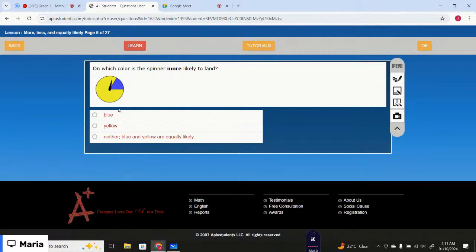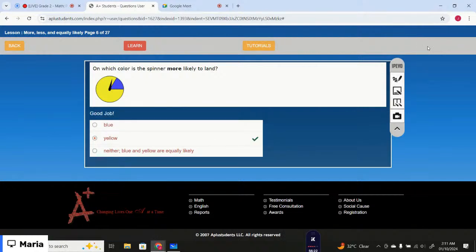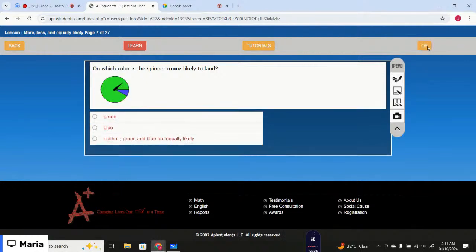Because most of the portion is yellow. Got it? Okay, we are done with the lesson. You can complete the lesson by yourself later today. Let me just move on to the next lesson.